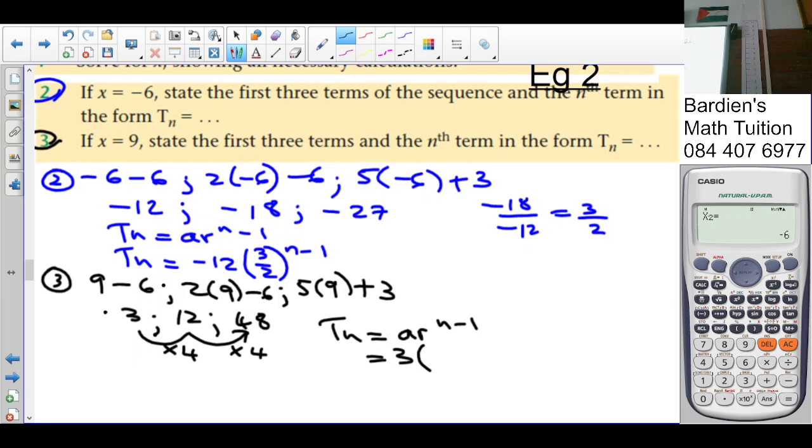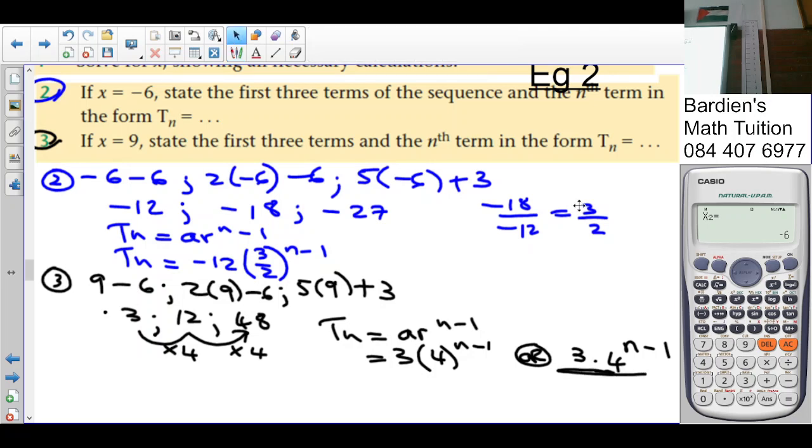R is 4, to the n minus 1. I don't need the bracket there. If you had left it like that, you would have gotten the 4 marks anyway. So Tn is equal to 3 times 4 to the n minus 1. Can I multiply this 3 and 4 here? No. Why? The variable exponent, so it has an exponent other than 1.